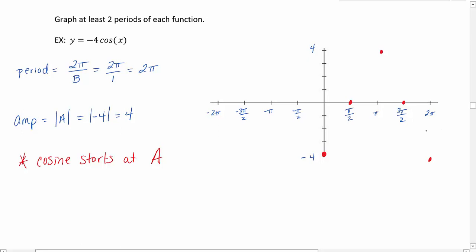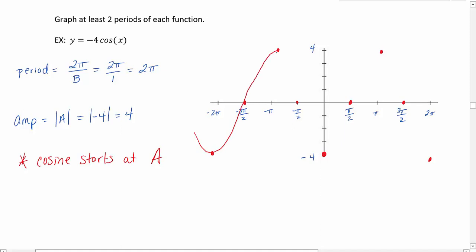And then we want to repeat this pattern going in the negative direction. So we're back at 0 here, we're at -4, so I'm going to go up to 0, up to +4, that's our max value, so we have to come back down to our middle line, and then down to -4 at -pi over 2, and we're ready to connect our dots.